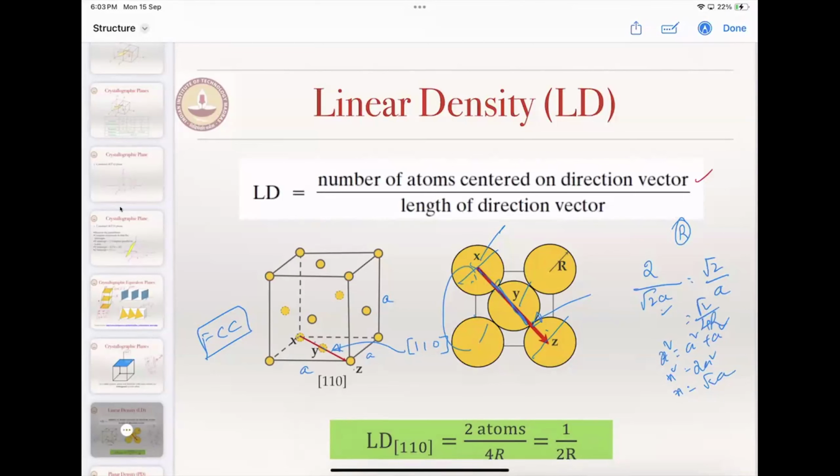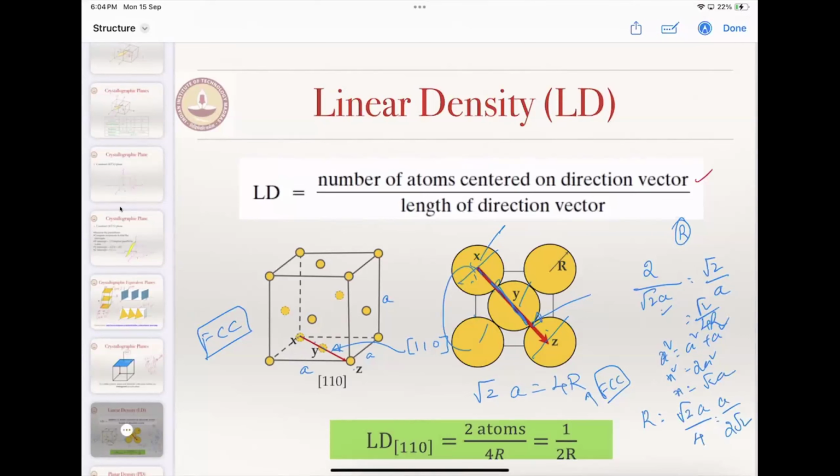And please note that what we are saying here is root 2 a is equal to 4r, isn't it? This is true for an FCC crystal. That means the radius of the atom is root 2 a by 4, or a by 2 root 2.